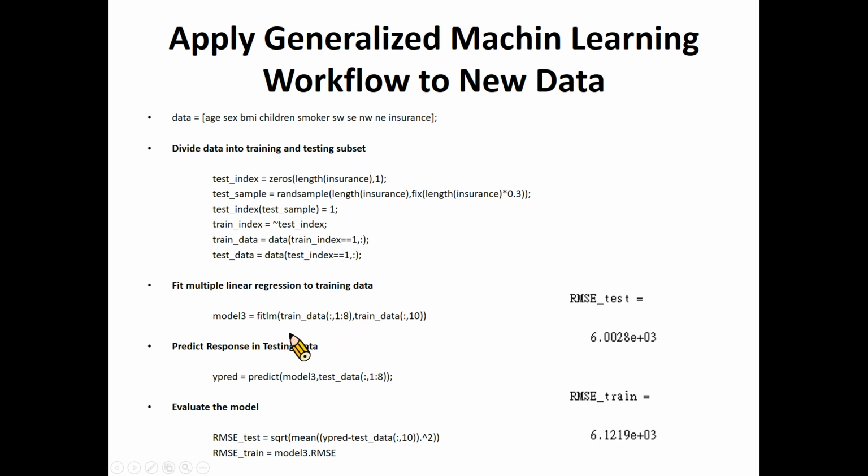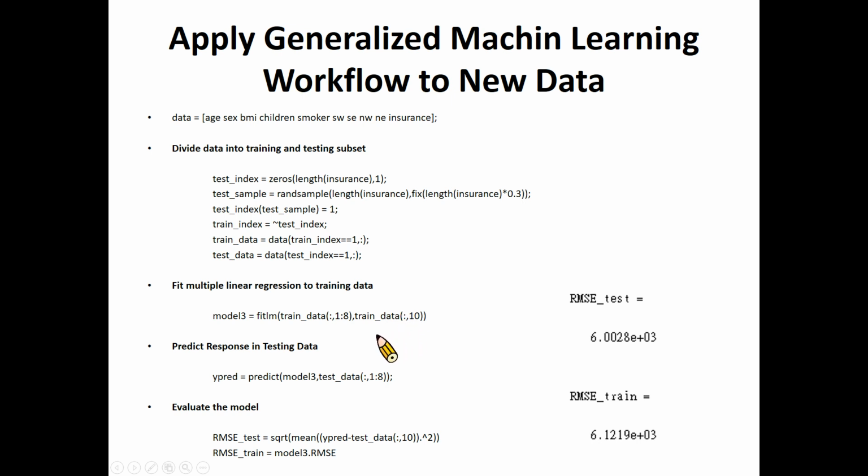So the first parameter in fit LM would be all cases with the information from the first column to the 8th column, excluding the last region. The response, which is the second parameter of fit LM, should be the insurance, which is also the last column of the training data.